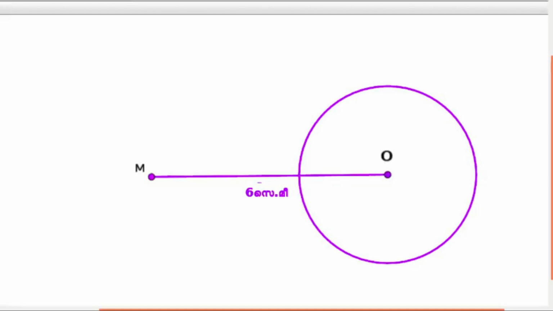After that, we mark a point M outside of the circle at a distance 6 cm away from center. Now we have to draw the perpendicular bisector of this line. For this, we take more than half of the line by using ruler and compass.